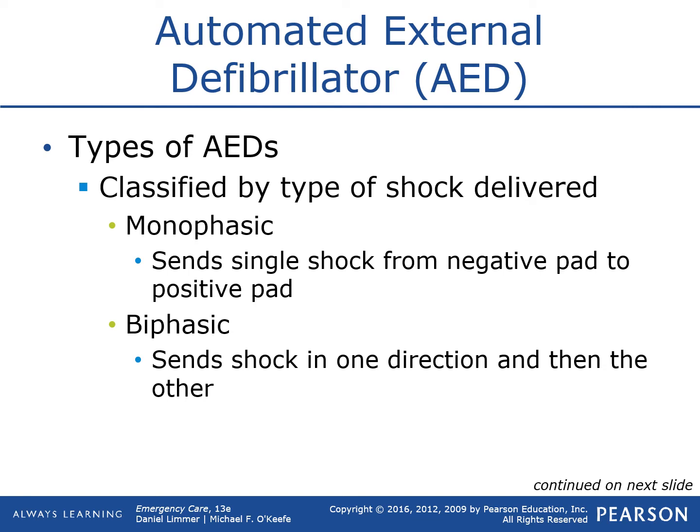So monophasic AEDs send a single shock from one pad to the other. Biphasics send a shock one way, then it comes back the other way. Almost every single one nowadays is a biphasic. That is the standard nowadays. Any new one is going to be a biphasic AED.